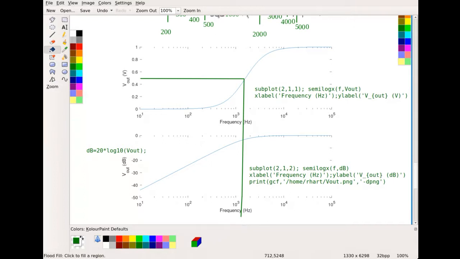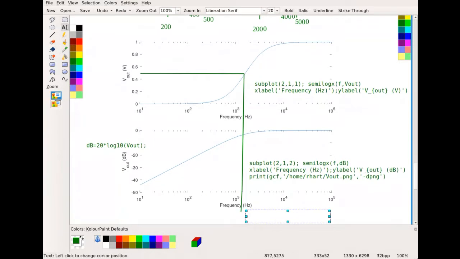Oh, that's a lovely color. Okay, so this is my cutoff frequency here, which is 1.59K. And what you see right up here was half power, and here, where is half power here?